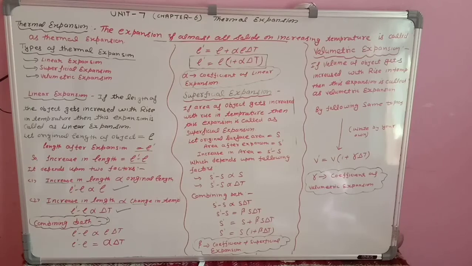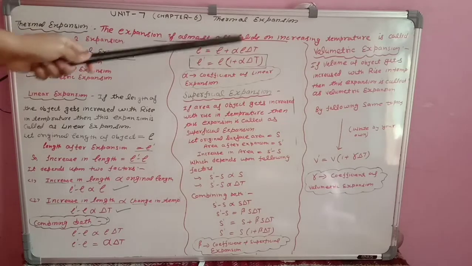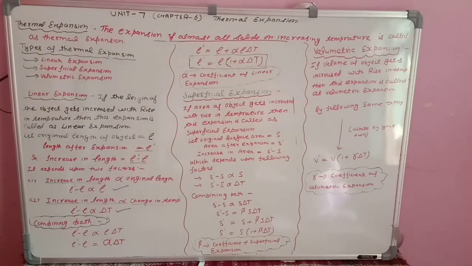So you can see the definition of thermal expansion at the top of the board, that the expansion of almost all solids on increasing temperature is called thermal expansion. Students, thermal expansion is of three types, that is linear, superficial means related to area, and volumetric expansion means related to volume. So let us study one by one these three types of expansions.